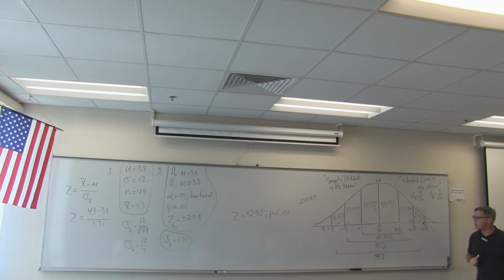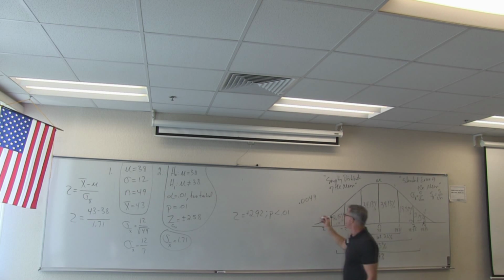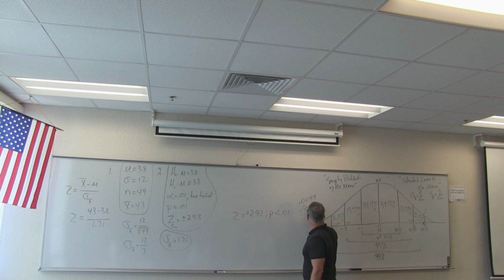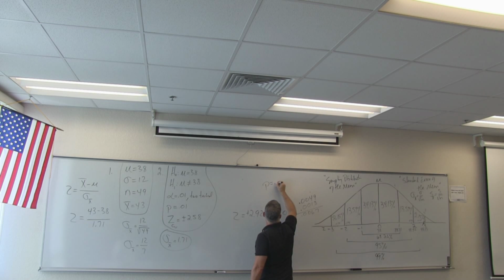Class, go on your new Z table, go to a Z of 2.92, tell me that area beyond Z. Tell me that proportion greater than Z. What is that number? 0.0018. The P region is actually 0.0067.